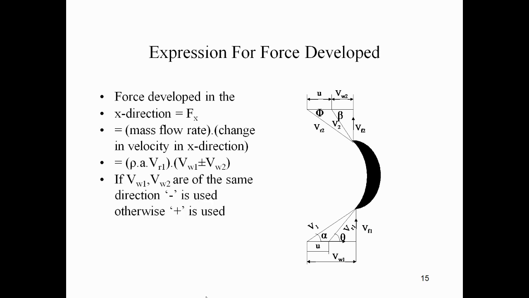Next, if VW1 and VW2 are in the same direction, negative is used, otherwise positive is used. Here, rho is the density of the fluid.